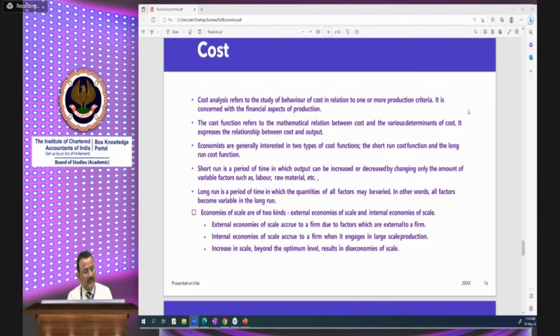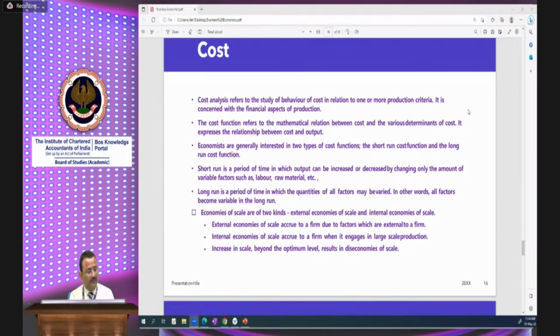Now, one thing is very important in the cost concept: in the examination, every time one question is normally asked regarding implicit and explicit cost. What is normal cost? What is direct cost?